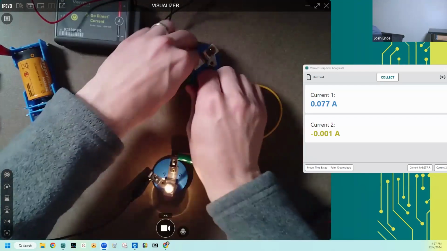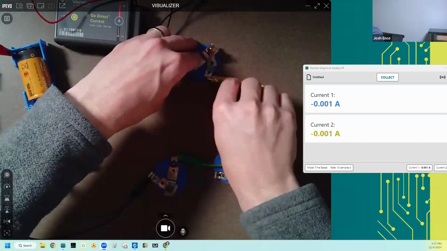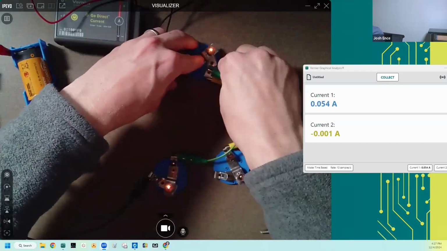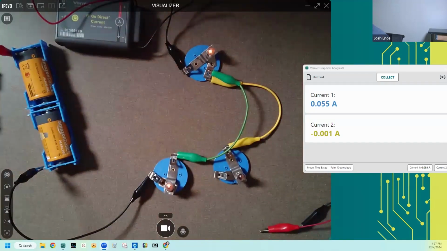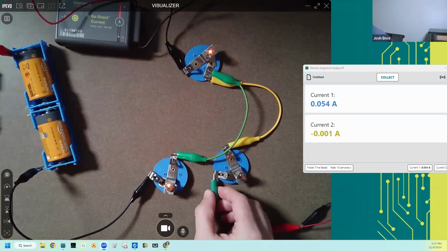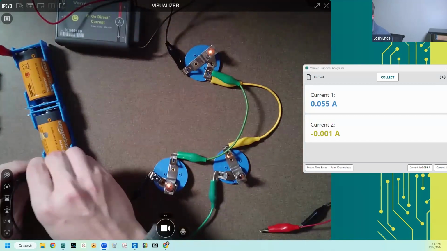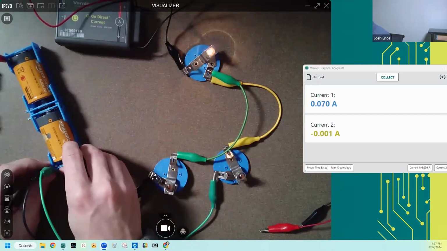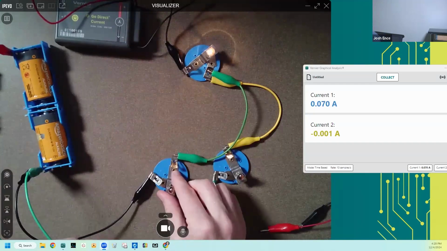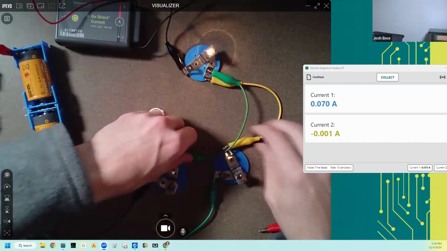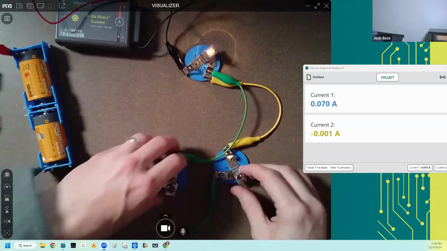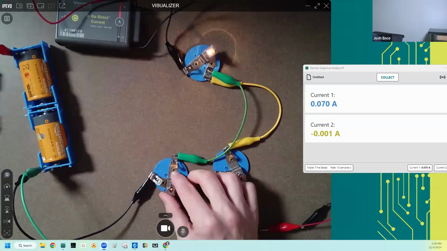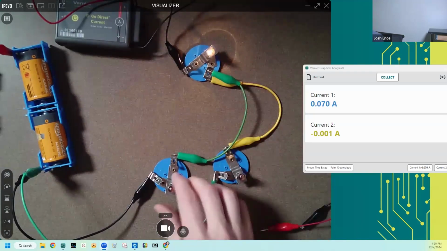Oh, that's the problem there. Those go back to the battery. I'm going to take this guy and connect it back here as well. What's going on? I don't know that you can see how dim these guys are.